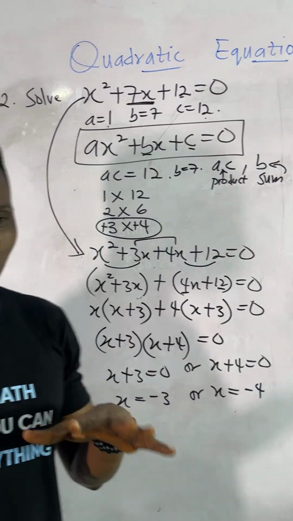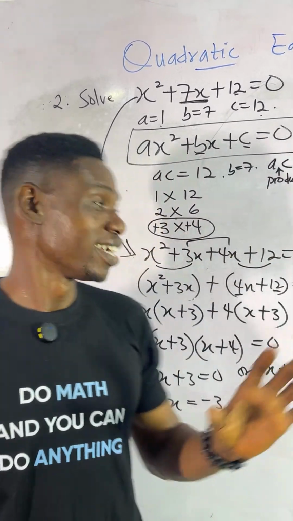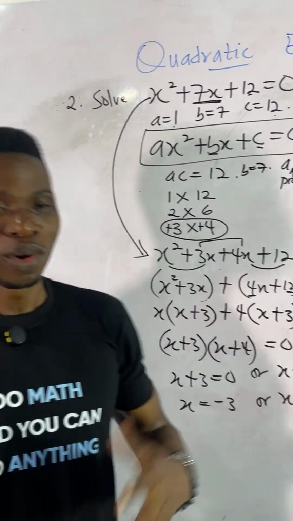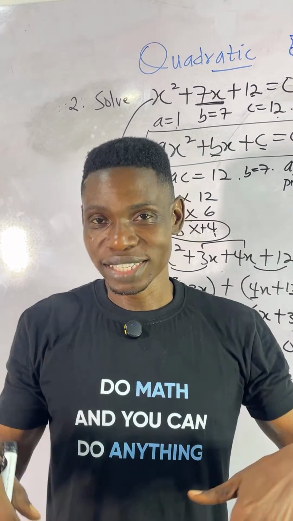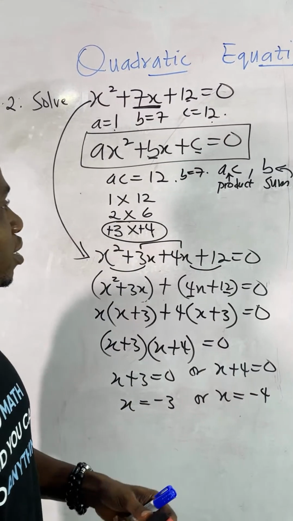So I'll put a third one on the board now. I'll expect you to solve. I'll give you 60 seconds to solve it, and then we'll do it together. So put your answers in the comment section before I provide the solution.